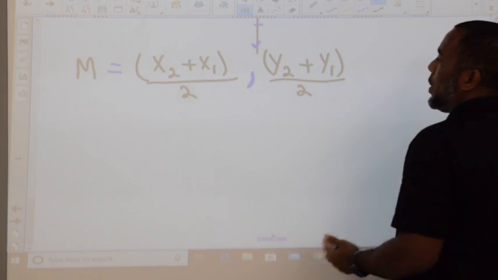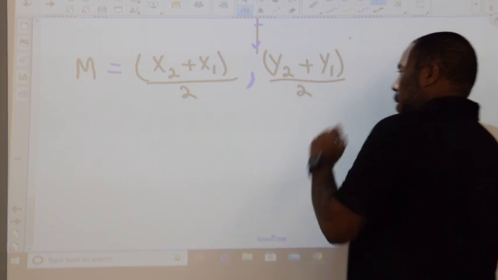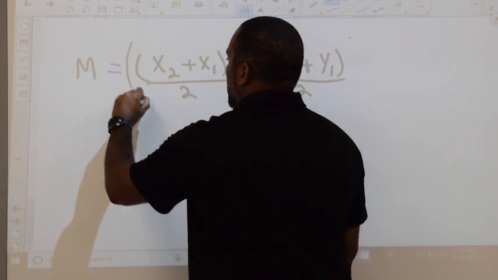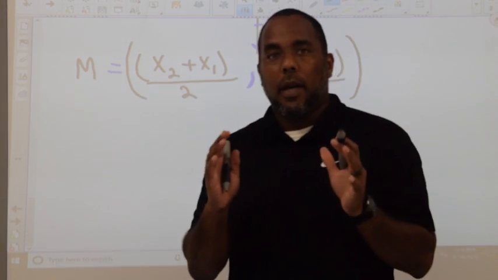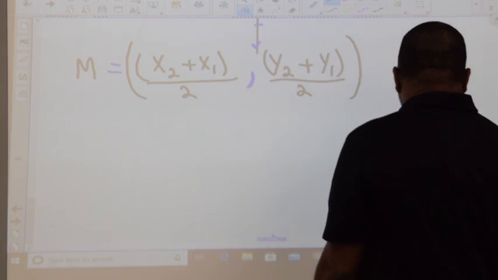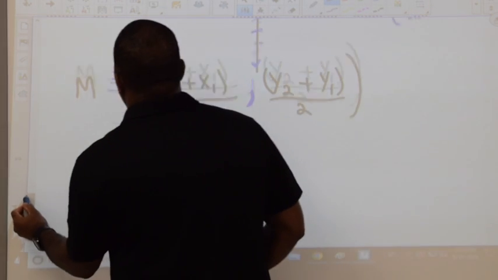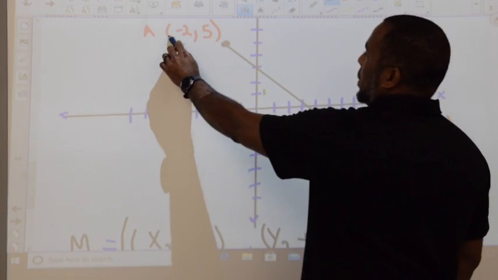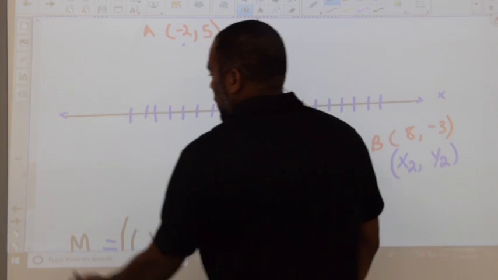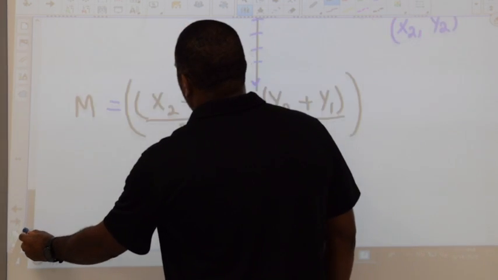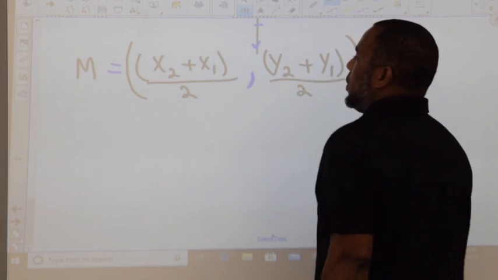And I did say these are coordinates, so make sure that you have this in parentheses because they are a coordinate pair. Just like how we wrote this as in parentheses negative 2 comma 5. So now all I have to do here is substitute.